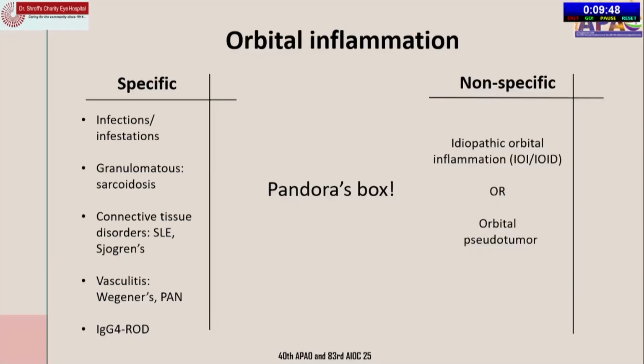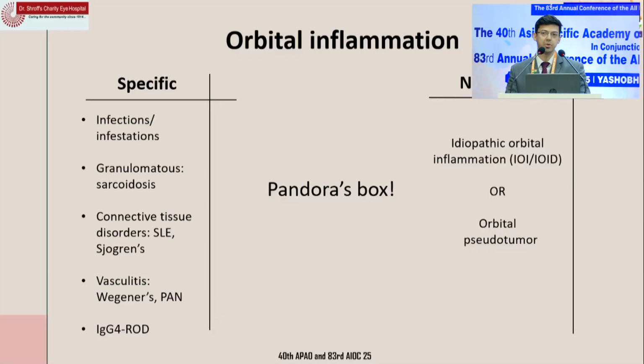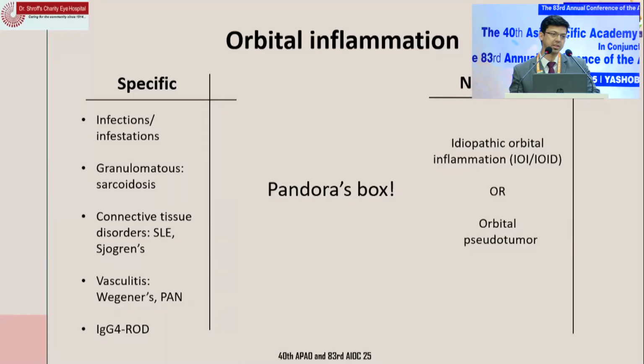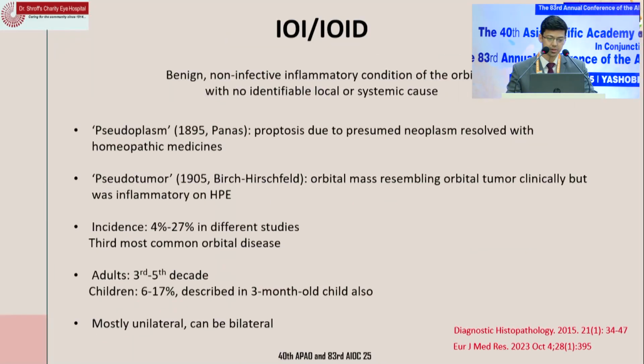I'll be talking about idiopathic orbital inflammatory disease. The orbit is a Pandora's box because you don't know what you're going to get inside the orbit. Orbital inflammations can either be specific, which have a definite local or systemic cause, or non-specific, which is going to be covered here, also known as idiopathic orbital inflammation or orbital pseudotumor.